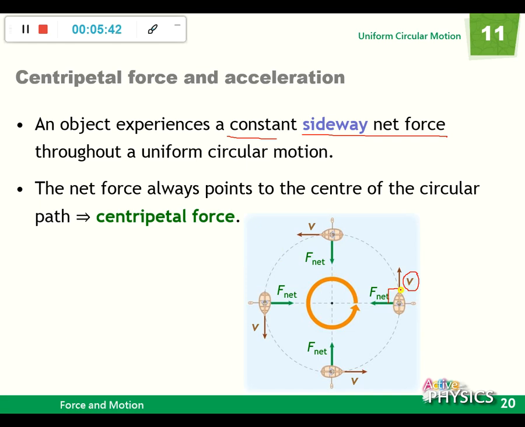At a right angle to the tangential direction is the radial direction. The radial direction points to a very special point, the center of the circle. This tells us why we call it centripetal force, 向心力, 向住中心的力.